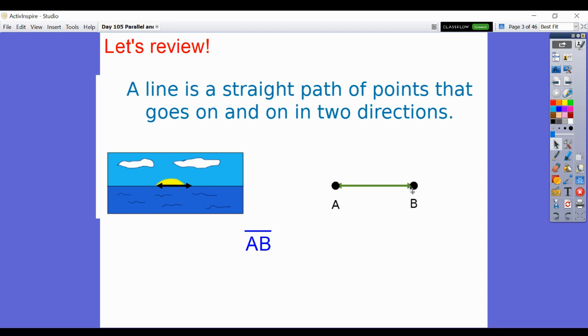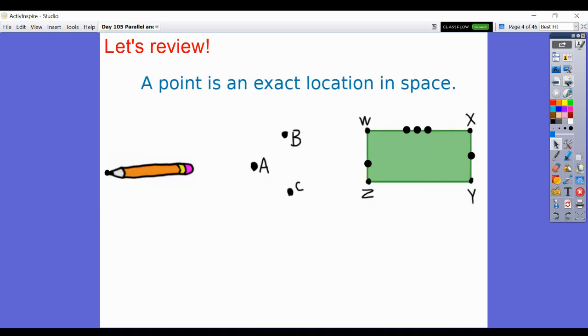So a line segment does not have arrows at the end. It just has a point on each end. A point is an exact location in space. These are all points. Point A, point B, point C, etc.